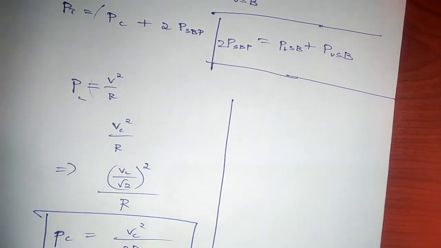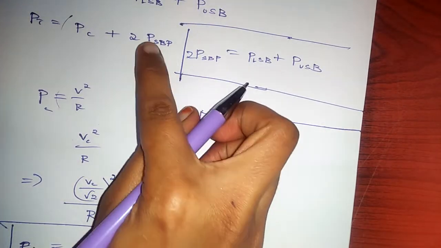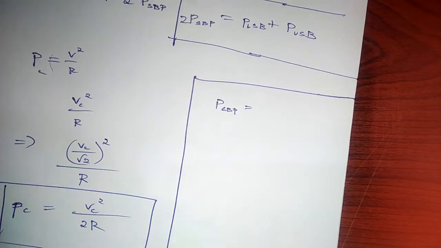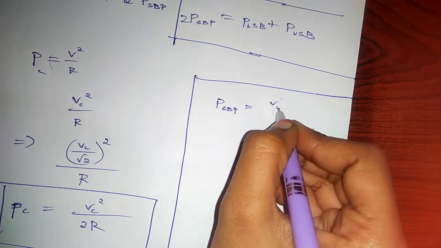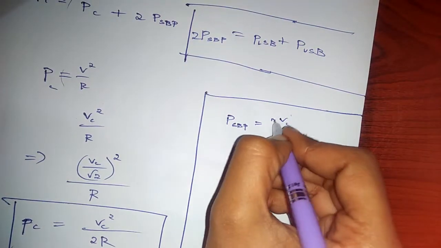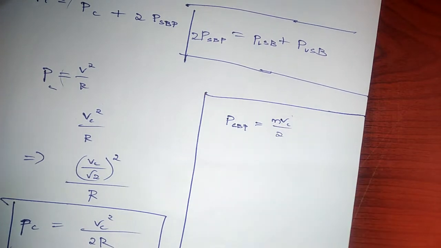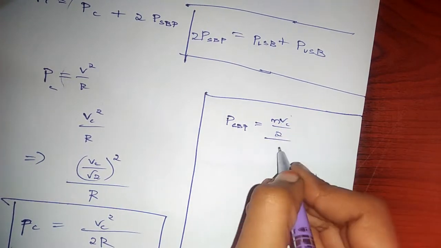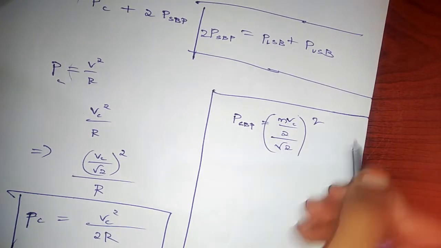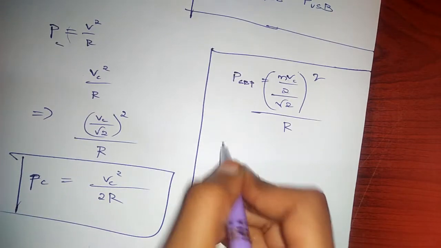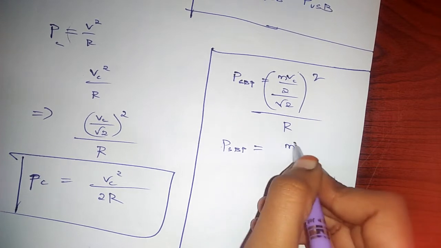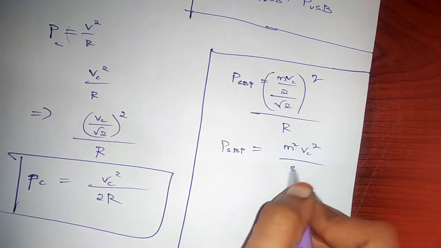Now I would like to get PSB. What is the voltage? The voltage is mVc by 2, but we want it in RMS, so divided by root 2, whole square, by R. If you simplify, you get m square Vc square by 8R.